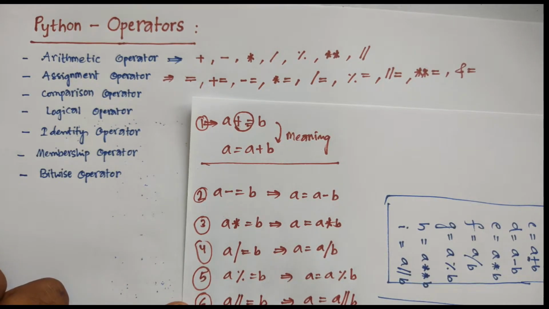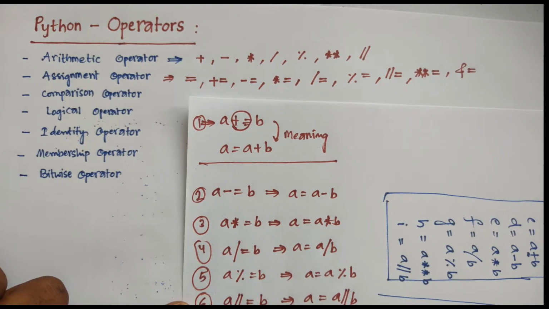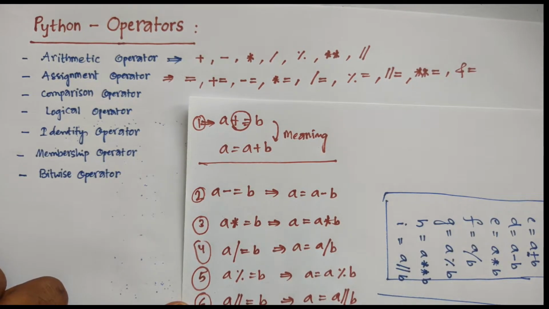Next, the seventh one is a double star equal b, that you can represent as a is equal to a double star b, the exponential of b value. And the eighth one is a and equal b value, that you can represent as a is equal to a and b values.